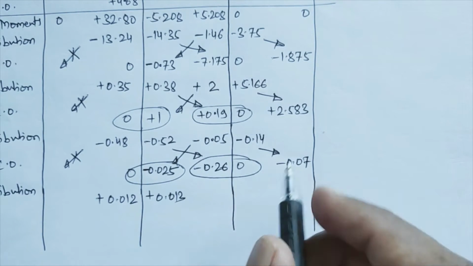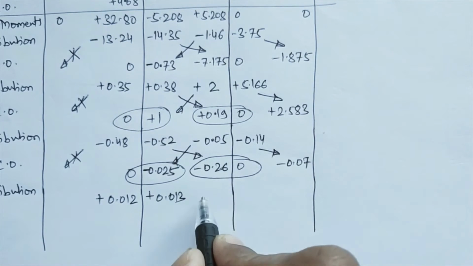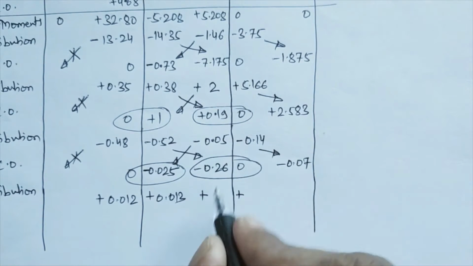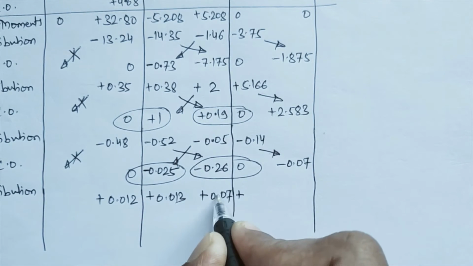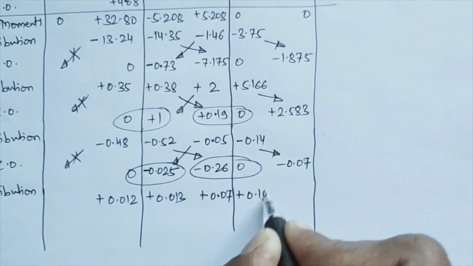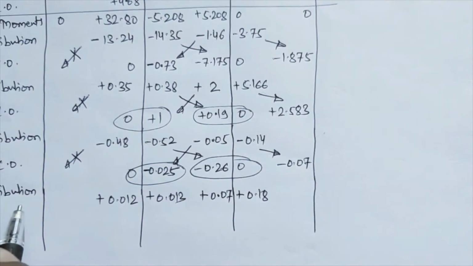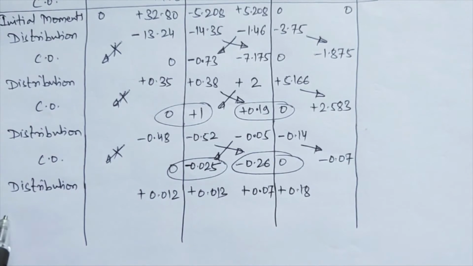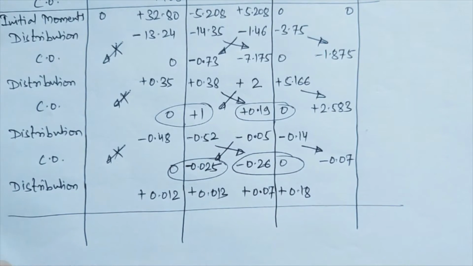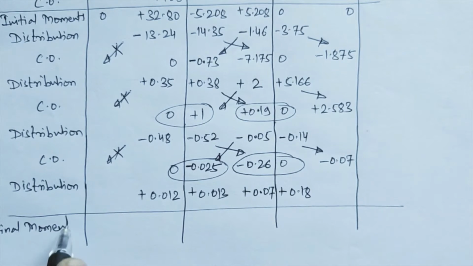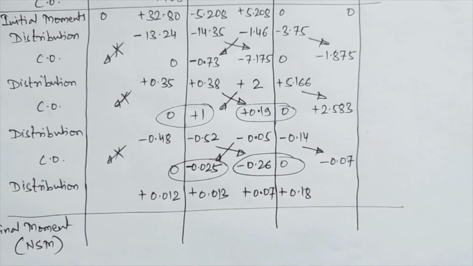Same way, distribution of minus 0.26 will be again positive, so this will come 0.07, and this comes equal to 0.18. Now here you can stop the table. Whatever values I get here will be your final moments, but we will call those moments NSM, that is, non-sway moments.